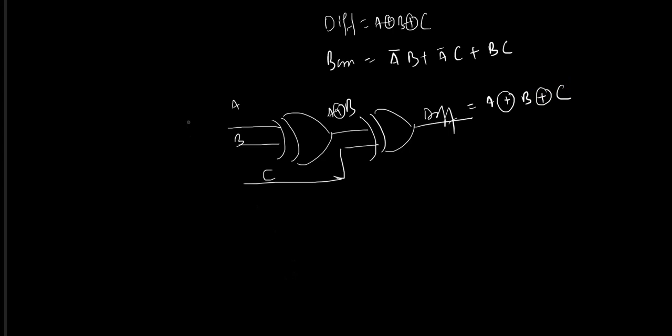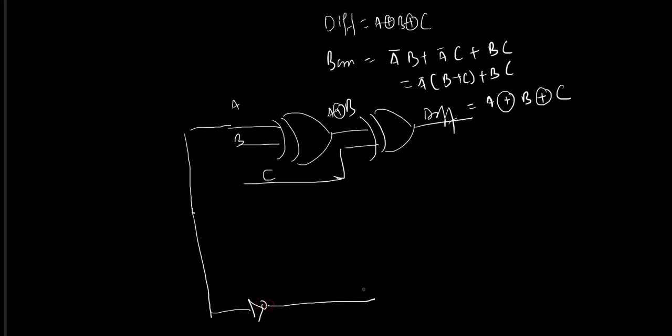What about borrow then? For borrow, first I will be using A bar. Let me extend till here. For B and C, first I will use an AND gate, that is BC, and let me use the same inputs with an OR gate.